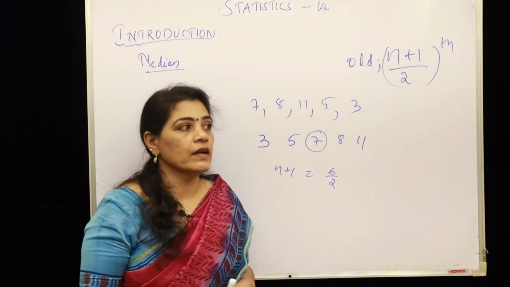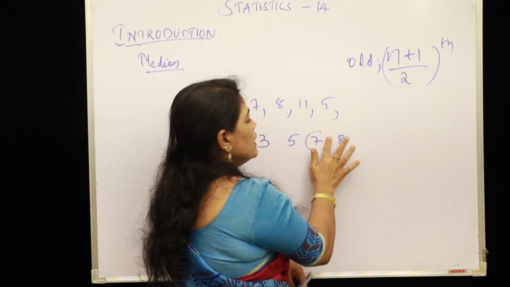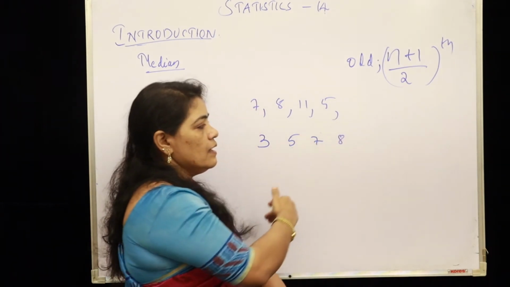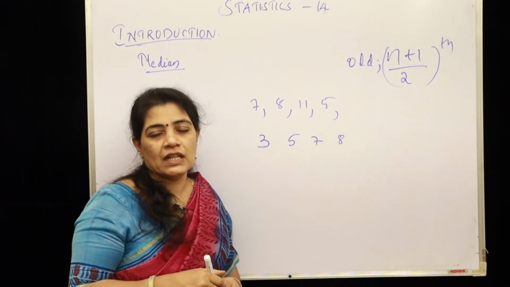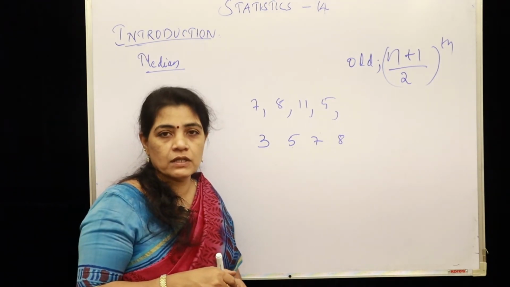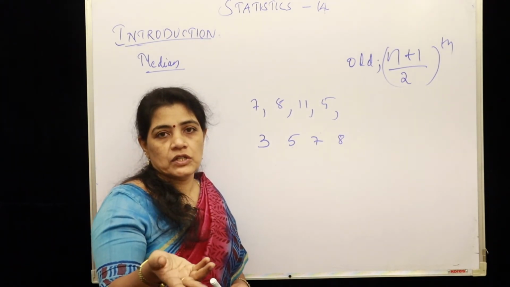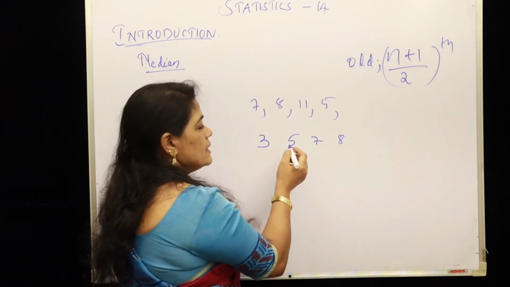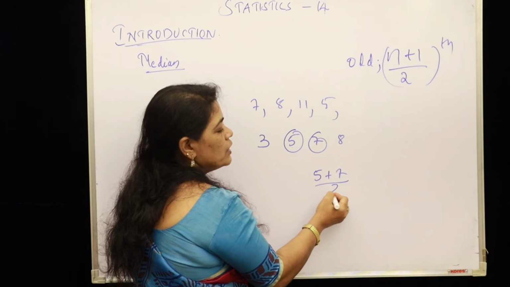But if it is even, if we have only 4 observations, how do we find the median? We have to find the n by 2th observation, that is the second, plus the n by 2 plus 1th, the third, all by 2. That is, 5 plus 7 by 2.